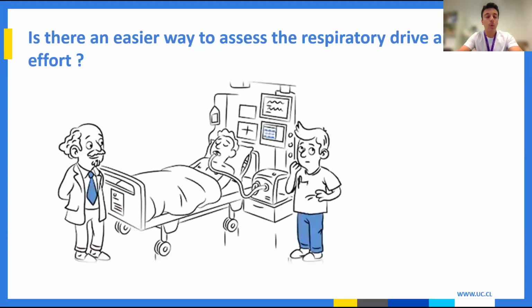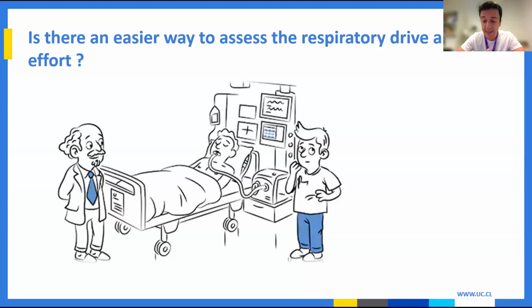So when we thought about different catheters or gold standard ways to measure effort, we realize that they have limitations, they require expertise, and they require some specific equipment. So the question now is, is there any easier way to assess the respiratory drive and respiratory effort?